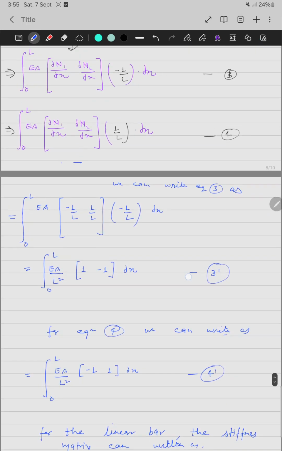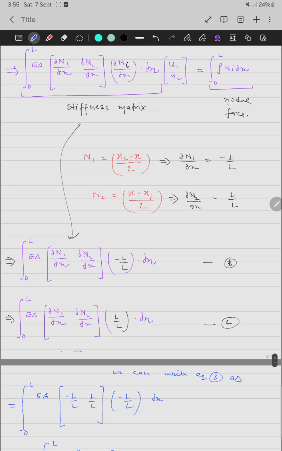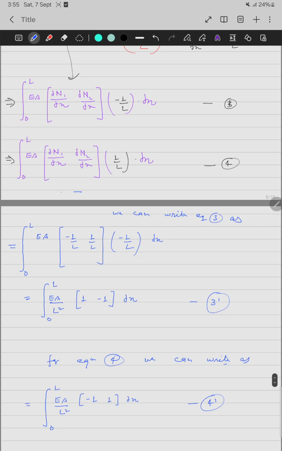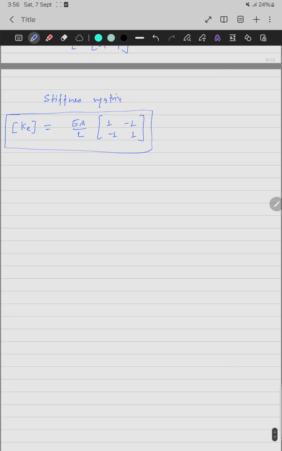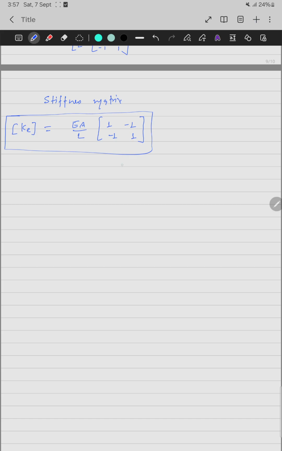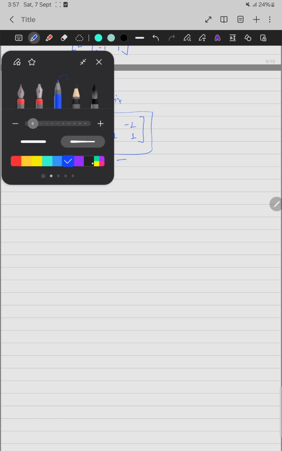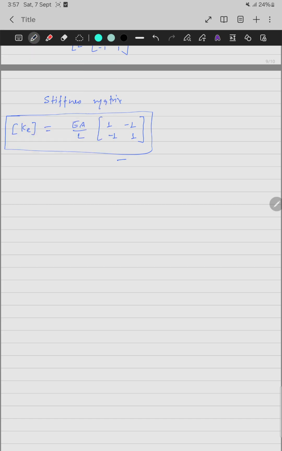As you can see from here, it is a function of x linearly. Okay, so these are linear shape functions. In the future we'll talk about quadratic shape functions also. So if we consider our shape functions to be linear, then we'll get our stiffness matrix like this. Now let's suppose we are assuming our shape functions to be quadratic. So let's go for quadratic shape functions.